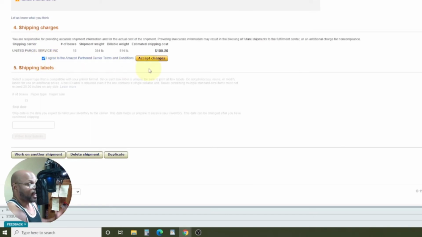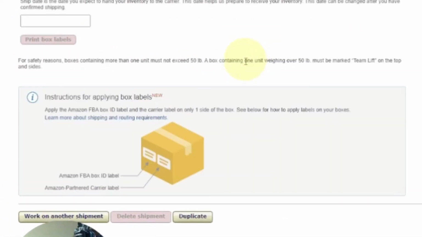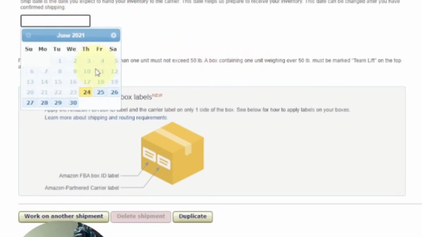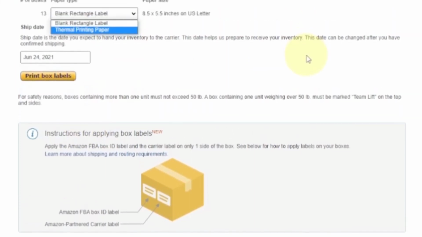And again, what we're doing here really is after you've done everything with Inventory Lab. But just for the benefit of anybody who hasn't done this, accept the charges. And then once you do that, here they want to know the date that you're shipping it. That's going to be the day. And you can choose the thermal printer. Remember that roll of labels I showed you, those are thermal, but we're not using those.